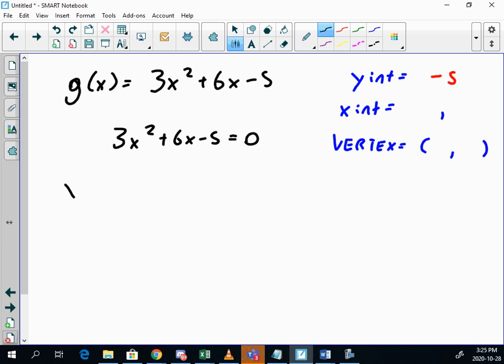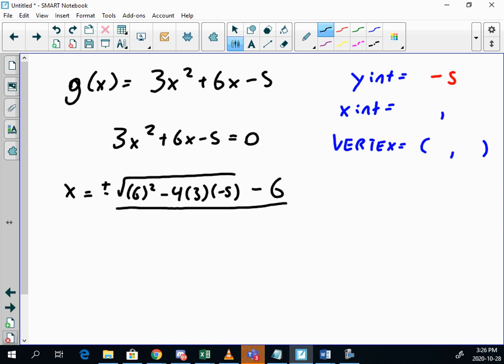Let's take the fact that our x is going to be equal to the positive or negative square root of b squared, so in that case 6 squared, minus 4 times 3 times -5, all minus 6 divided by 2 times 3. Okay, that's a bit of a mess, but we can actually clean it up quite a bit.